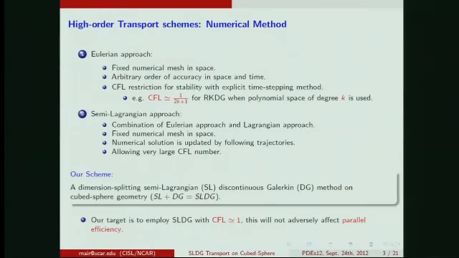Here the CFL is just an estimate, it is not exact. In the Semi-Lagrangian approach, a combination of Eulerian and Lagrangian approaches is used. The mesh is fixed, and the numerical solution is updated by following the trajectories backward or forward in time, allowing very large CFL numbers. So what I am trying to do is combine these two approaches into a single framework.